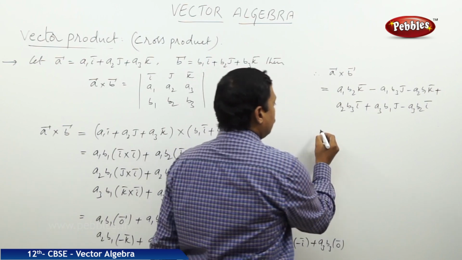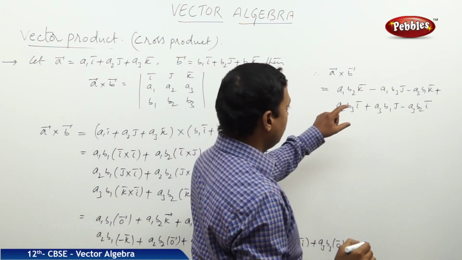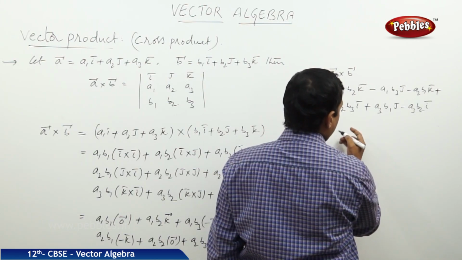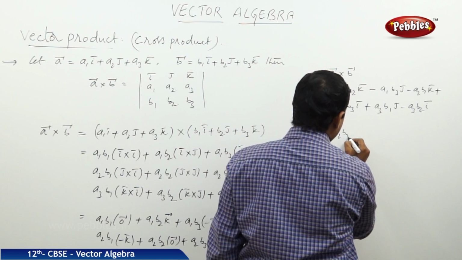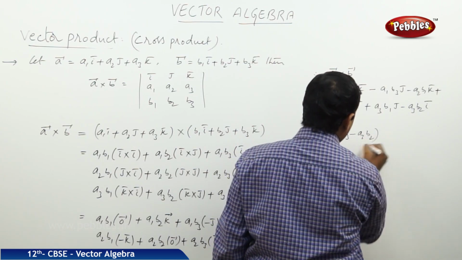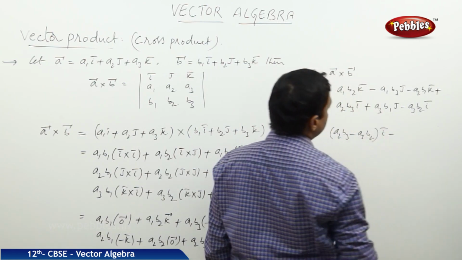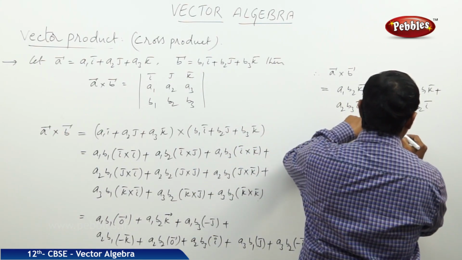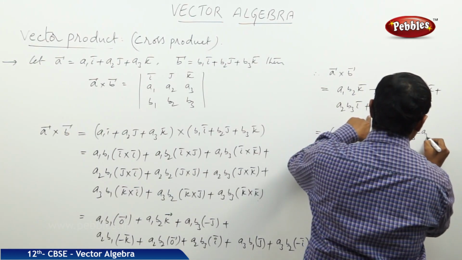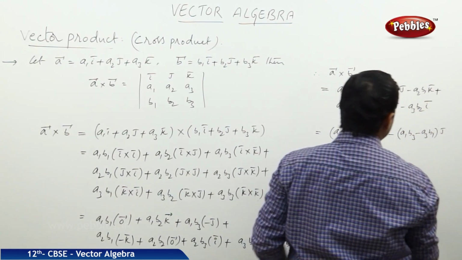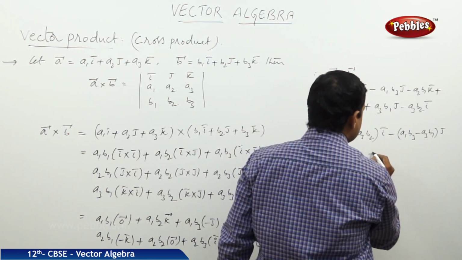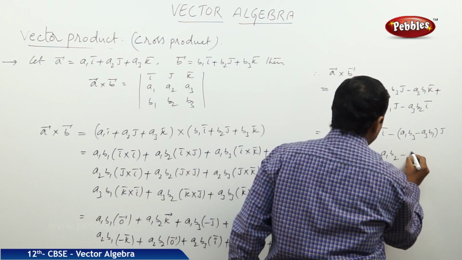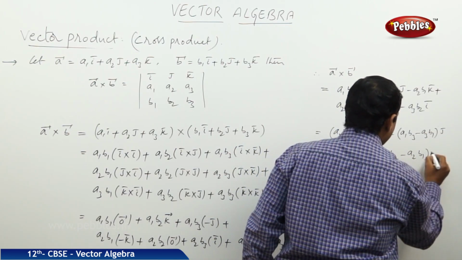So after rearrangement it can be taken as (A2 B3 minus A3 B2) into i vector. Now when I take minus j bar common, it is (A1 B3 minus A3 B1) into j vector, plus, while taking k bar common, it is (A1 B2 minus A2 B1) into k vector.